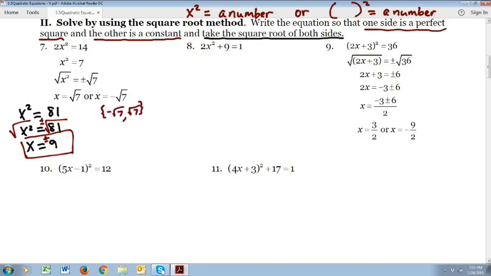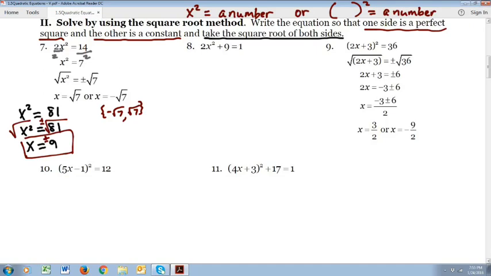All right, I want to mention another thing here. Actually, let's look at this number 7. First of all, remember we want to get x squared by itself on one side. So in this case, we need to get rid of the 2. So if we divide each side by 2 here, we get the next line, x squared equals 7. And then I took the square root of both sides.